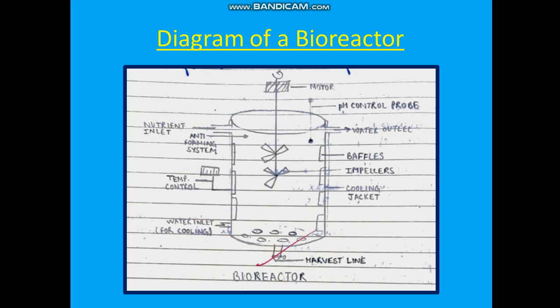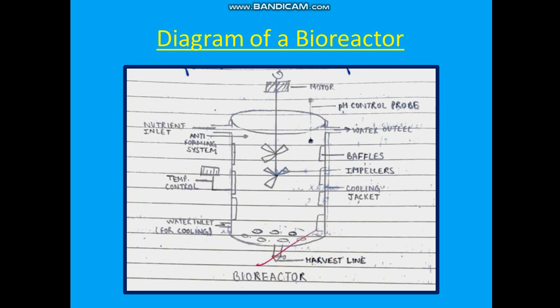The body of this bioreactor, I told you, can be made of anything which does not corrode. Sorry, not iron, steel. It is made of steel which is resistant to corrosion. Generally, stainless steel is used.